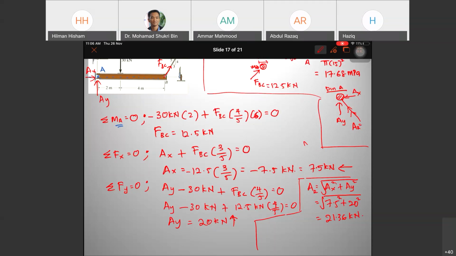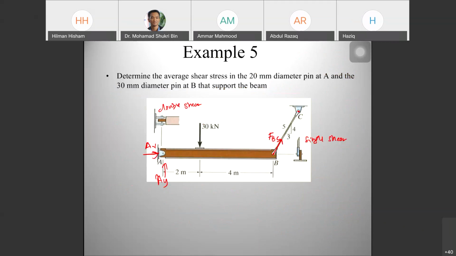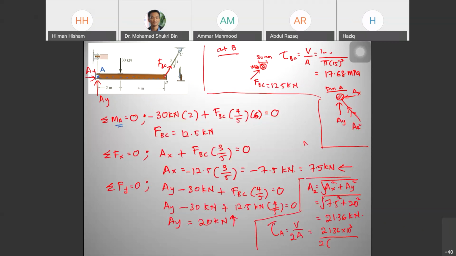So find the shear stress for pin A. Shear stress for pin A is V over A. A is double shear, so you need to put 2 in front of A. So 21.36 E3 Newton over 2A. The diameter of pin A is 20 mm, so pi times 10 squared.